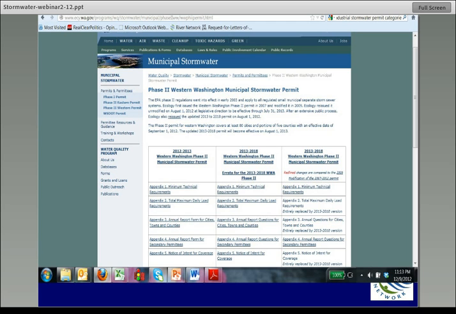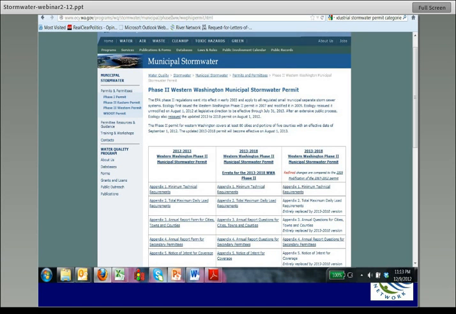In this shot is an example of the Phase 2. Again, going to the website, you can find so much more information than you could ever find. In the state of Washington this summer, they issued 3 different types of permits, and some of them were going to kick in August and then be replaced next August.